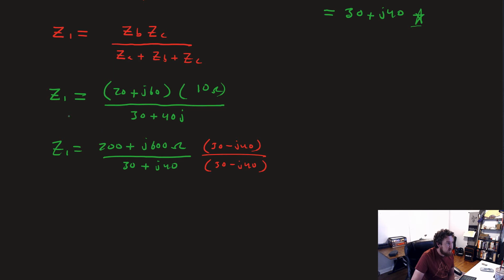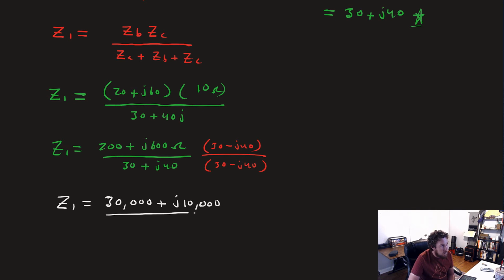Now, if we factor this out, I'm going to go ahead and skip over some of the arithmetic. I'll leave it up to you to FOIL these together, but you'll end up with 30,000 plus J10,000 over 2,500.